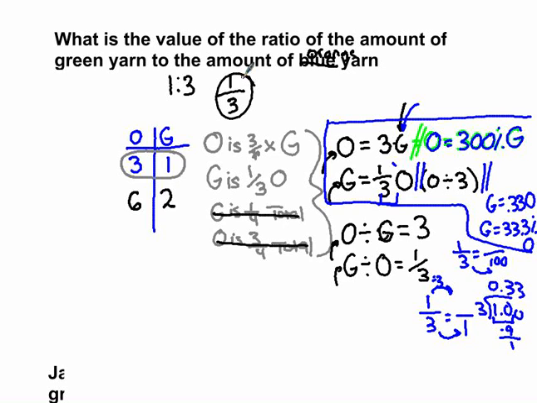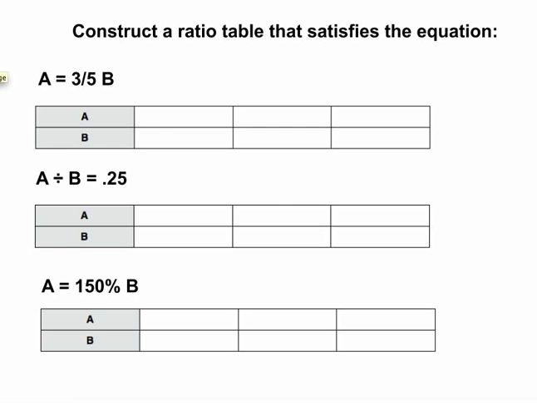That's all it's asking. For the next part, now you need to construct a ratio table that satisfies these different equations. So A is 3/5 of B. This can kind of be confusing, but if you remember, fractions are ratios. So what this is saying is A to B is in a ratio of 3 to 5.